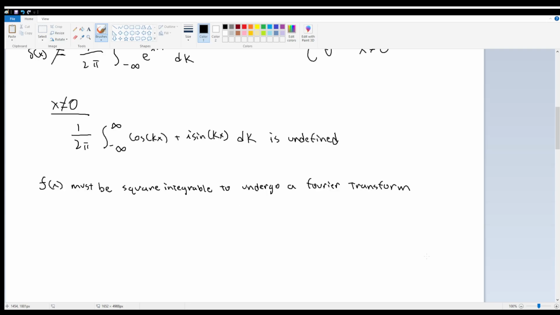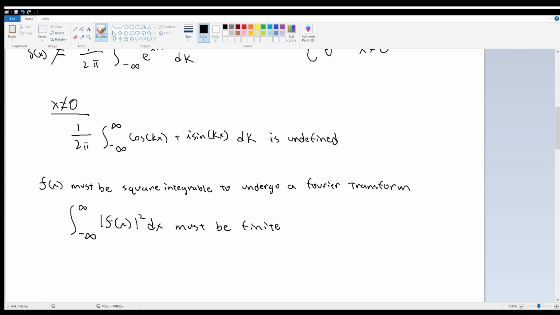What does this mean? What this means is that the integral from negative infinity to positive infinity of the magnitude of f of x squared dx must be finite. So it can't go to infinity, it can't diverge, it must converge to some finite number.